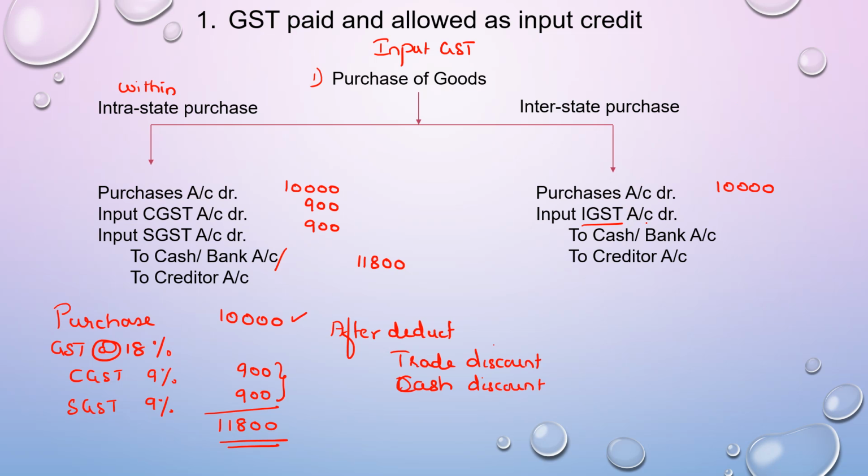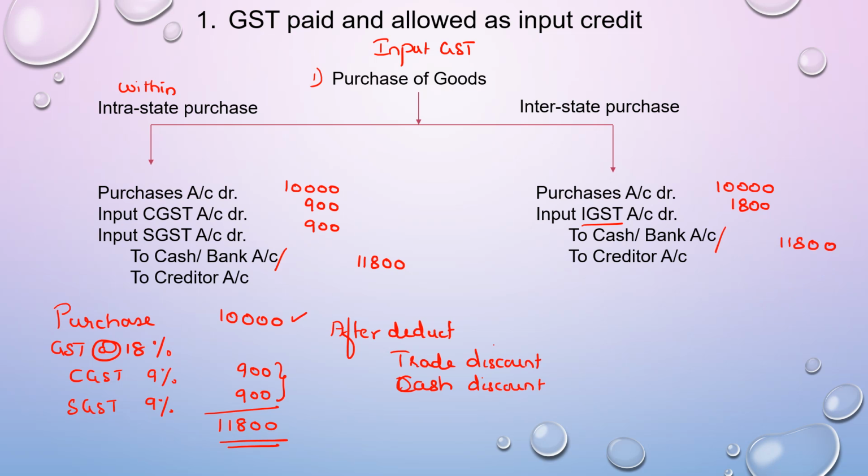So there directly 18%, 1,800 would be the input IGST, and if it was settled immediately, it would have gone to cash, or if settled by check, to bank account. But if it was a credit purchase, it would have gone to the creditor's account, 11,800. So this is how, on purchase of goods, you pay GST.